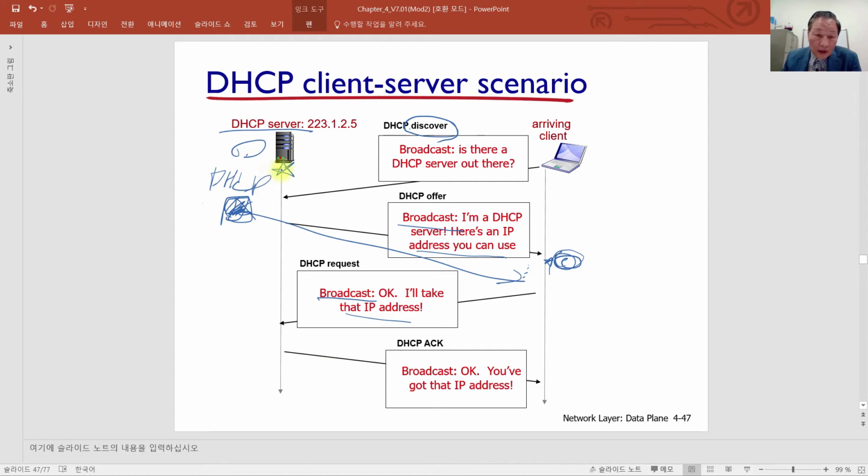Then this server broadcasts: okay, you've got that IP address. In this way, our protocol works, and this is the client-server interaction for DHCP.